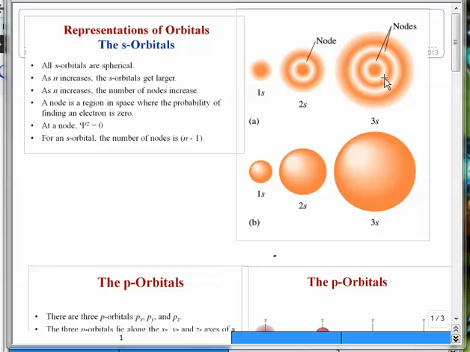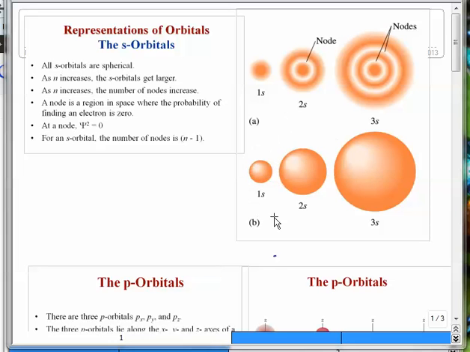These are regions where there is zero probability of finding that electron. And we're not going to be too concerned with the impact of these nodes at this point in time. What we really want to understand is that as the value of n increases, the energy of our electrons within these orbitals increases, and also the size increases.